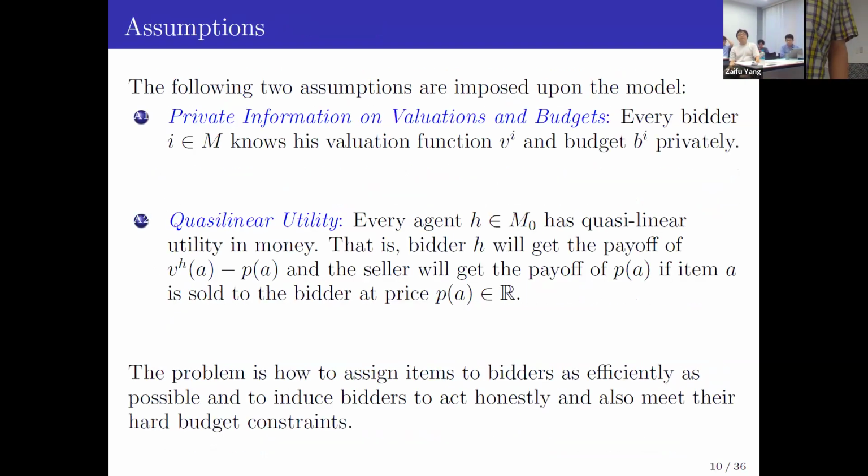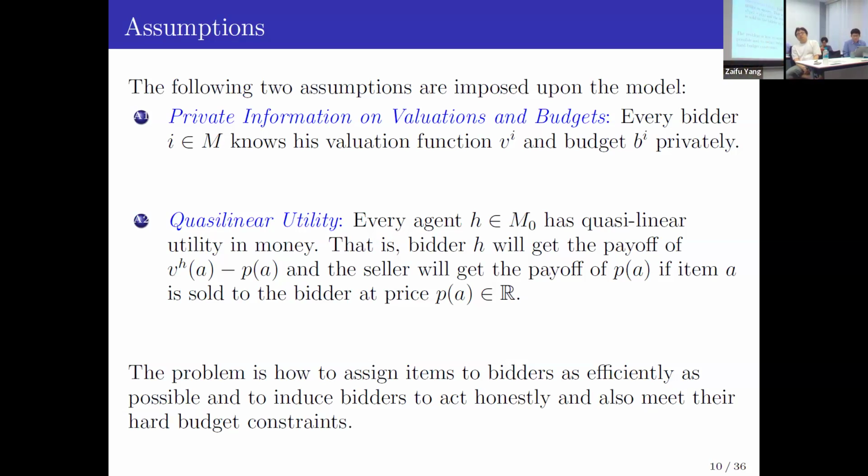Okay, now we make two assumptions. One is about private information on valuations and also on budget. So everyone knows his valuation and also his budget privately, and the agent can be strategic.